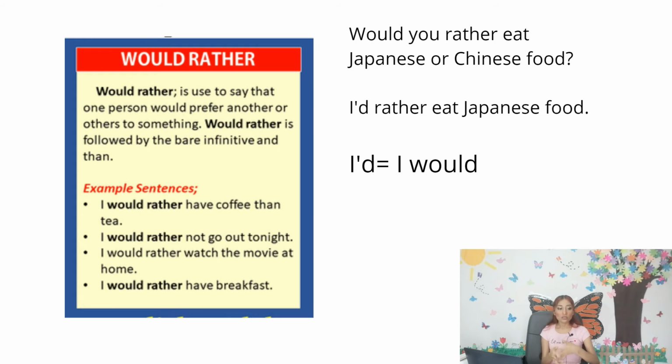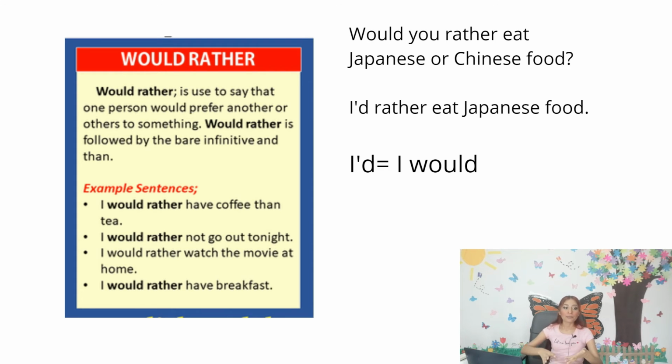For example, you go to a restaurant and you can choose if you want to eat tacos, empanadas, burritos, or a hamburger, for example. So I would say, for example, I would rather eat hamburger than eat empanadas.